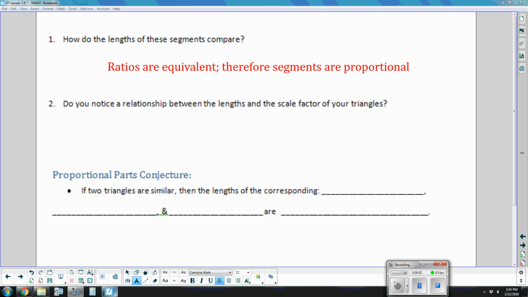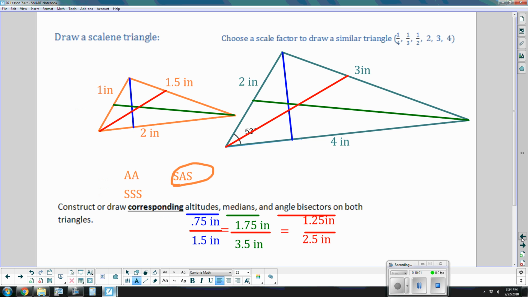Now the next question is, do you notice a relationship between the lengths and the scale factor of your triangles? Well, in order to get from my small triangle to my large triangle, I multiplied by 2. And for my altitude, from my small triangle to my large triangle, I multiplied by 2. For my median, I had to multiply by 2.